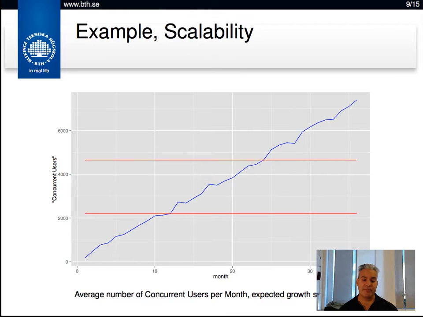According to this, you're growing more or less straight upwards. You can use this to predict how many servers you will need after 1 year, and you'll see that you slightly more than double between year 1 and year 2. And you can dimension your server park accordingly.